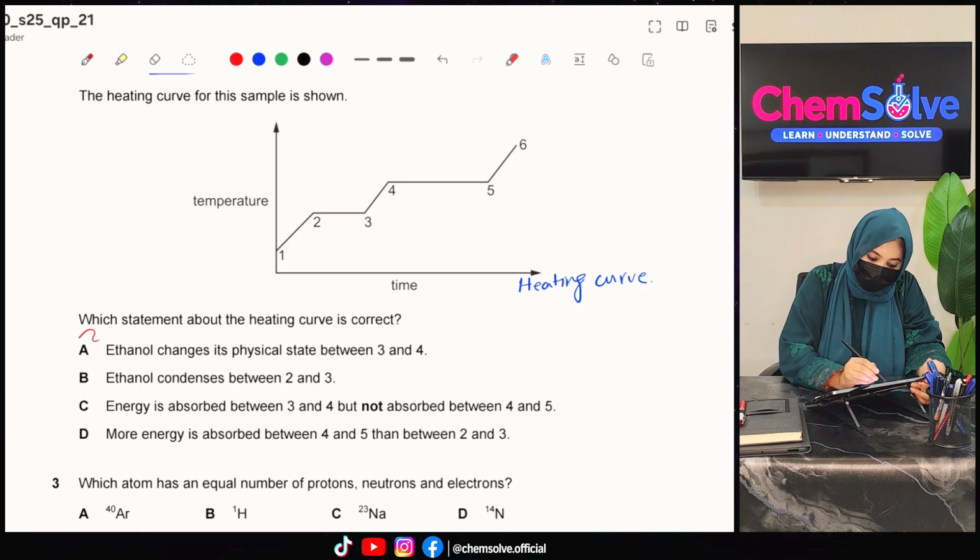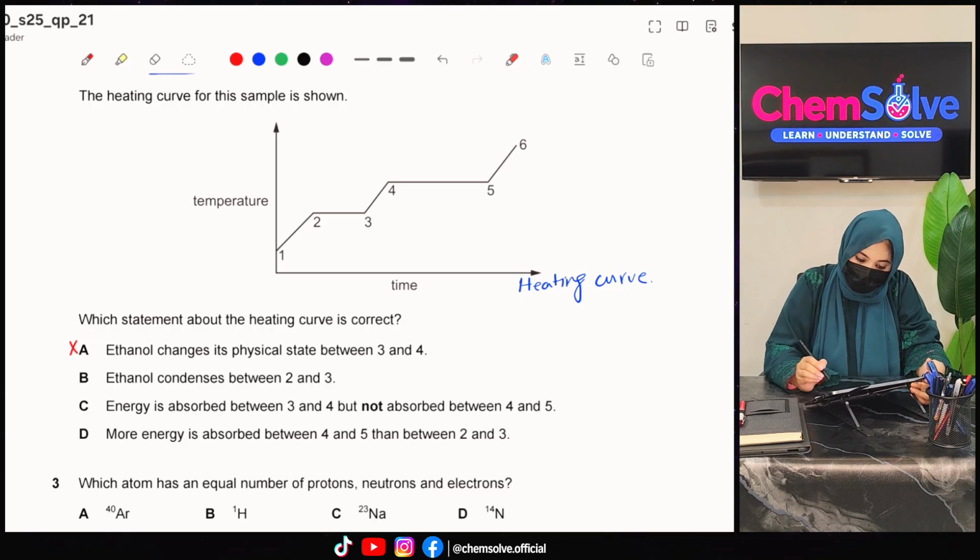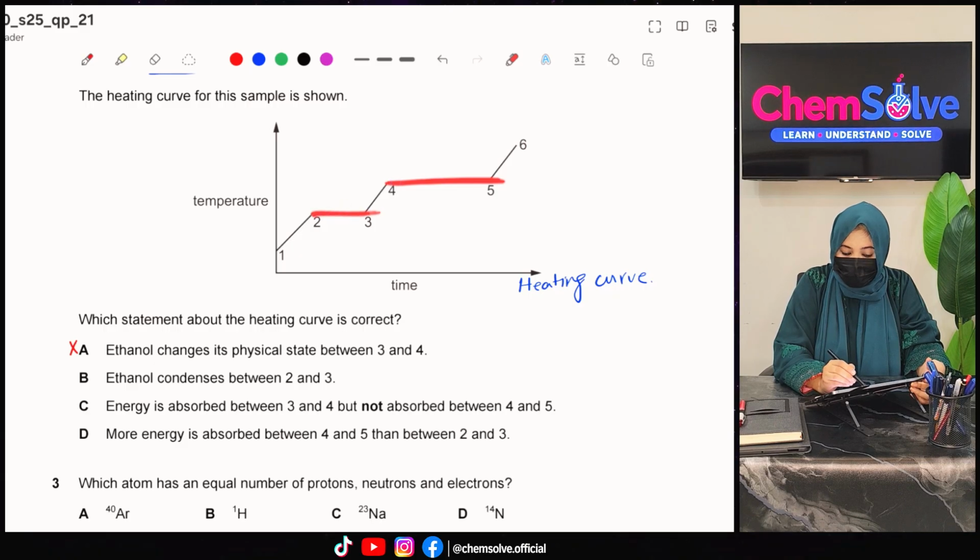Of course, it's not the correct statement because it changes its state of matter here, 1 to 2. Sorry, 2 to 3 and 4 to 5. These are the portions in the curve where the state of matter is being changed.